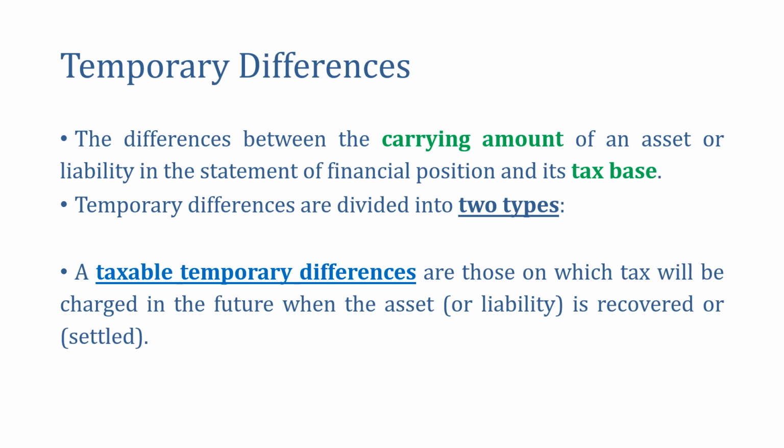Let's now talk about temporary differences. A temporary difference is the difference between the carrying amount of an asset or liability in the financial statements versus its tax base. Temporary differences are divided into two types. We have taxable temporary differences, which are those on which tax will be charged in the future when the asset or the liability is recovered or settled.